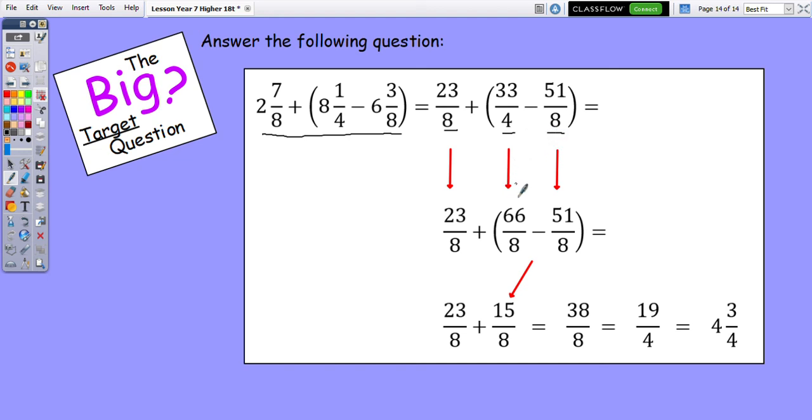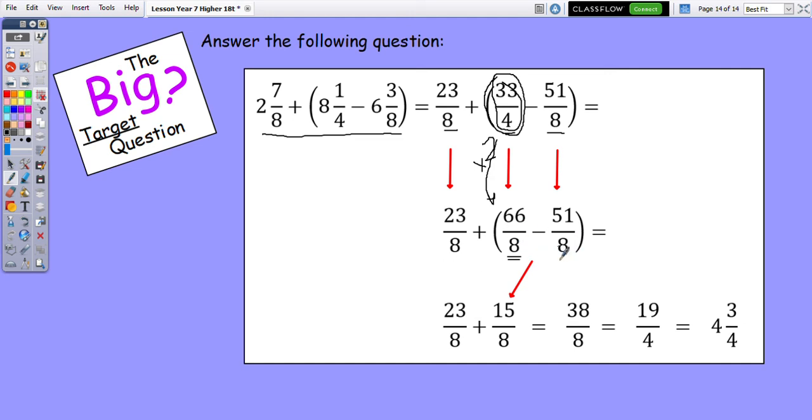Now with me being a bit lazy, I only wanted to change one fraction, that one, because I know that I can get 4 to 8 by multiplying by 2. So that one stays the same, that one stays the same. I just double that fraction, which gives me 66/8.